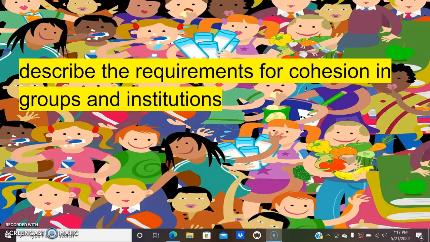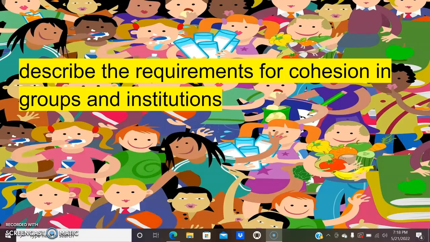Now, there are many requirements. In order for these individuals to work together, it's not easy to work together with many persons, you know. However, if you're in a group that is working towards a common goal, you have to work with each other.